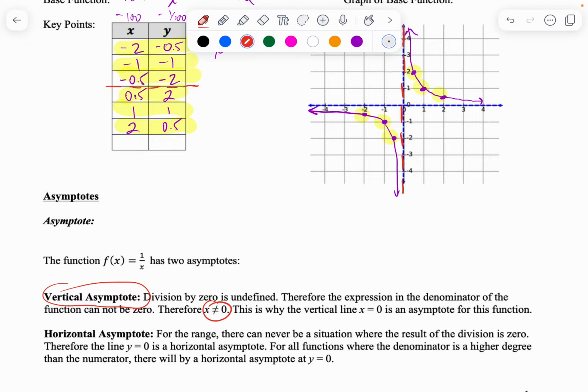So x can't be 0. It's a vertical line. And then there's a horizontal asymptote that's right here, which means that y is never going to be 0. Okay? So the function just keeps getting closer and closer to both of those asymptotes from various sides. Okay?